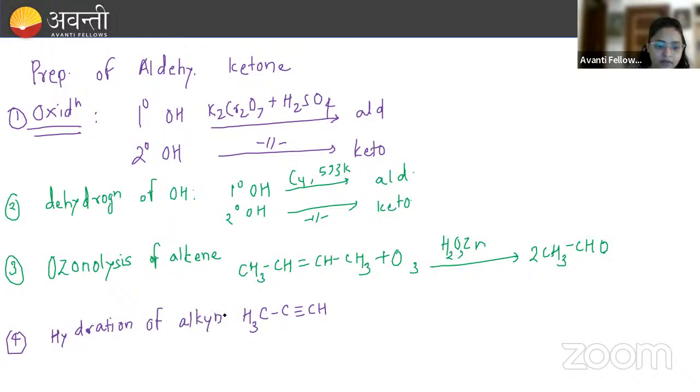Here the alkyne undergoes hydration. What is the meaning of hydration? Addition of water. Here I am going to use the reagent dilute H2SO4, and what we get is CH3CHO.